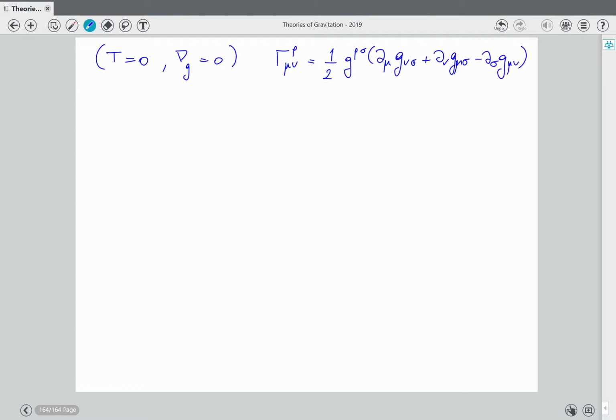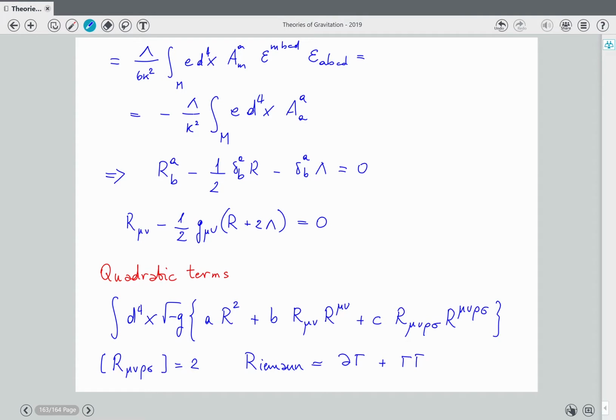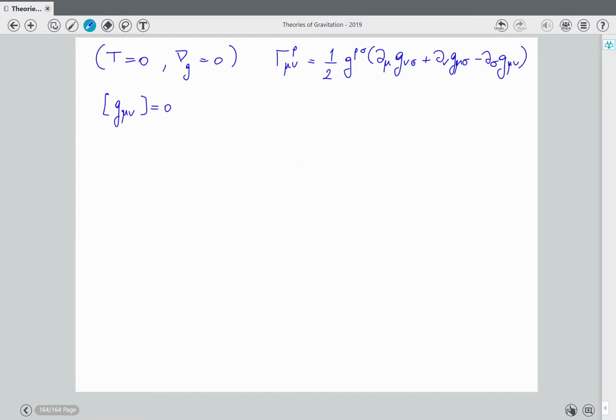And a metric necessarily has dimensionality equal to 0. That is because in flat space you have eta mu nu in Lorentzian manifolds, which are numbers. And again, we give dimension 1 to an energy, so derivatives have dimension 1, which means that gamma has dimension 1, and the curvature has dimension 2.